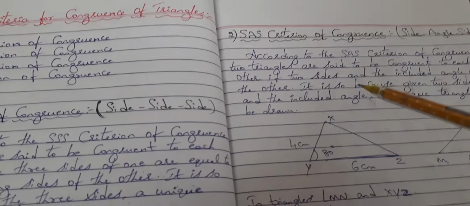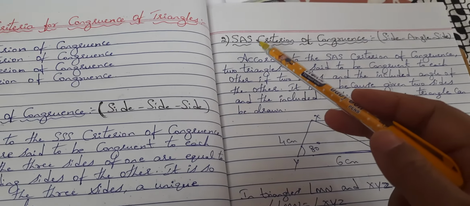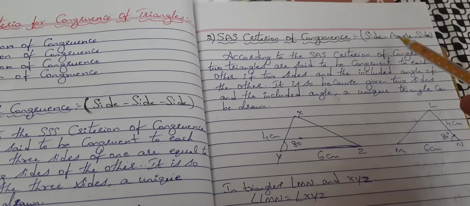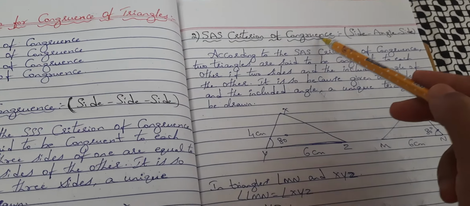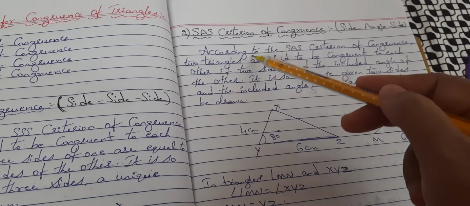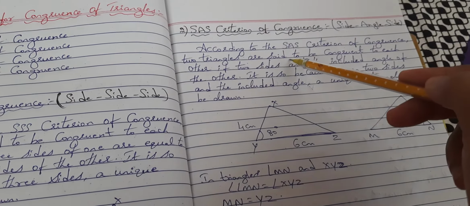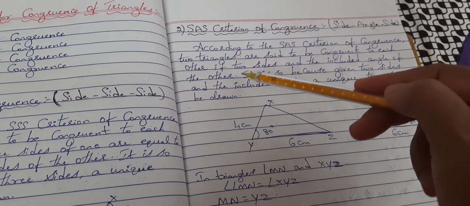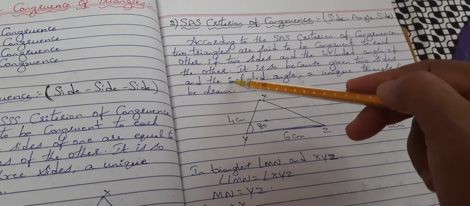Now the second criterion, you see: the SAS criterion of congruence. SAS means side, angle, side. Now let us see this criterion. According to the SAS criterion of congruence, two triangles are said to be congruent to each other if two sides and the included angle of one are equal to two sides and the included angle of the other.